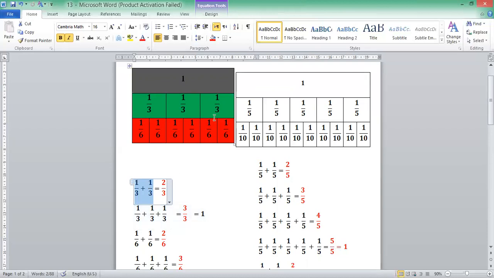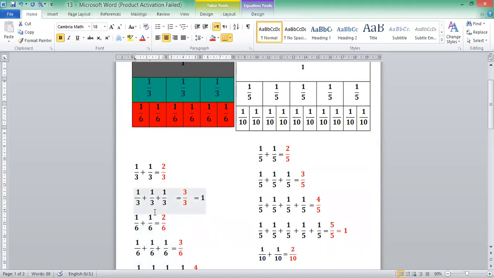Similarly, if we want to add 1/3, 1/3, and 1/3, we add the numerators. 1 plus 1, 2, 2 plus 1, 3. 3/3, again 1. It means when we add all these three, we get 1. And 1 is equal to 3/3.